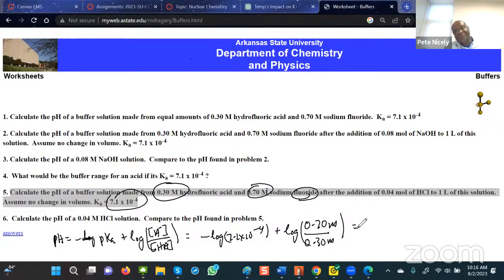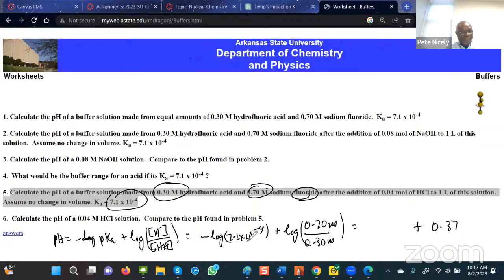So I'm going to do the 0.7 divided by 0.3 and then find the log of that, and that part works out to be equal to 0.37.